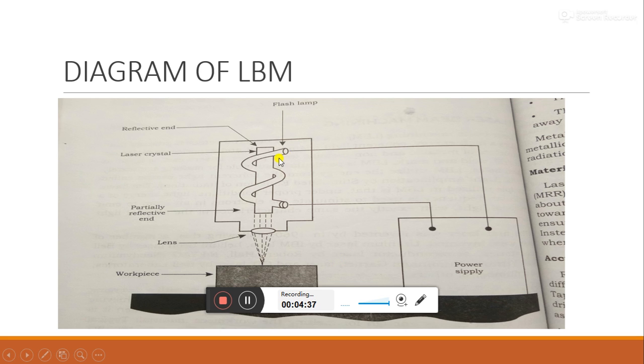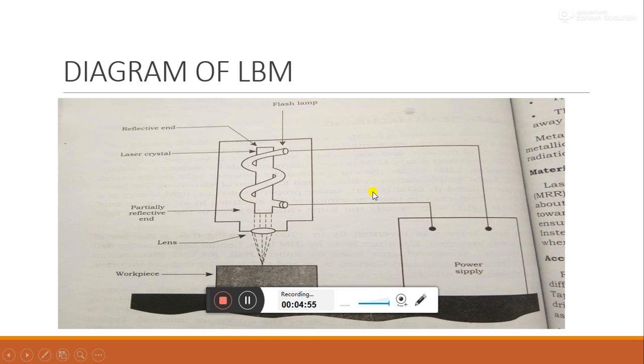So once again, you have a flash lamp that is controlled by a power supply. Then you have the lasing material, a reflective end and a partially reflective end. Then you have a lens, then the workpiece, and this is the work table.